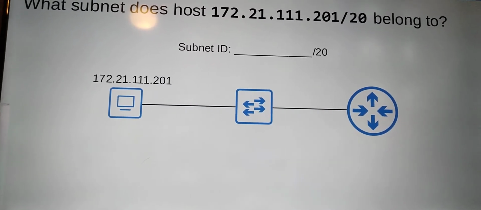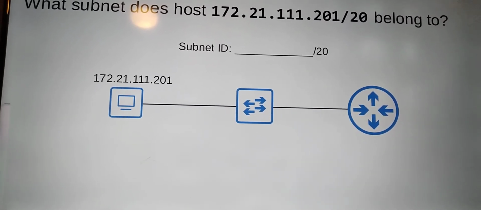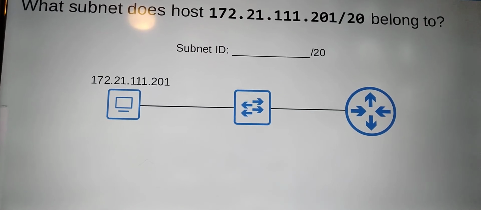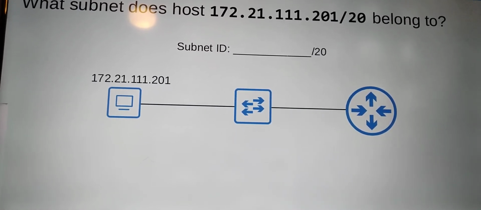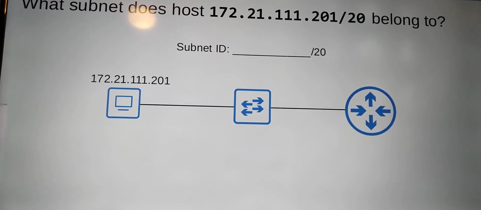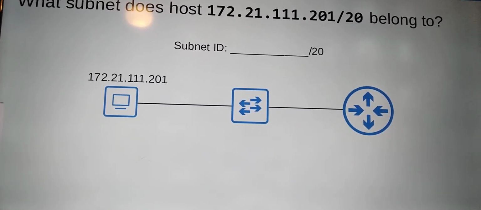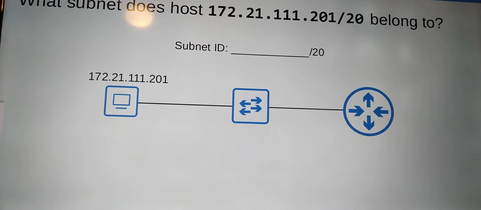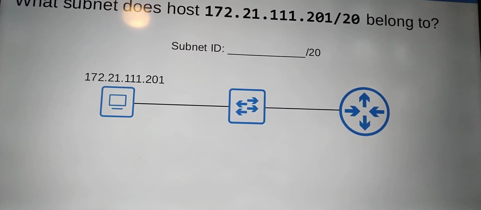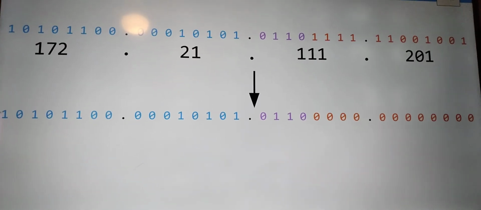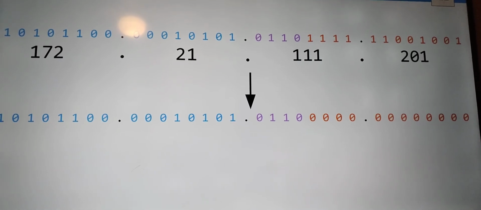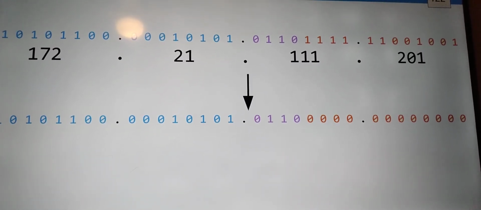So we go back to the prior steps in question 1 that we just did. Number 1, first, write down the address in binary. Second, change all of the host bits to 0. And remember, the host bits will always be in red. And then number 3 is to convert the address back to dotted decimal.